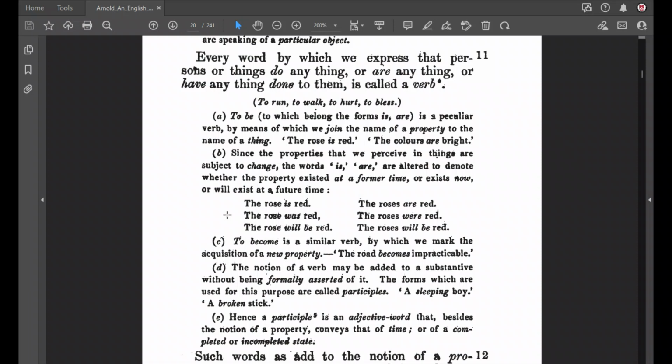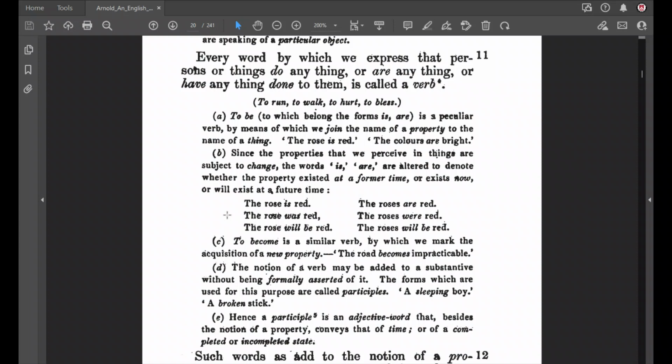Then note B says that because the properties that we perceive in things are subject to change, that means the properties can be present in a subject and not present in a subject at different times.